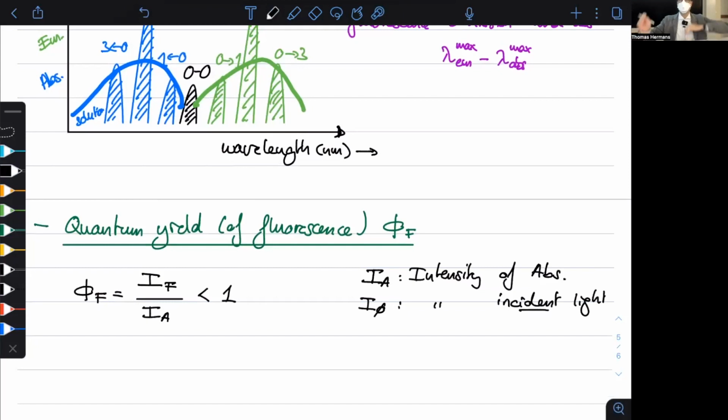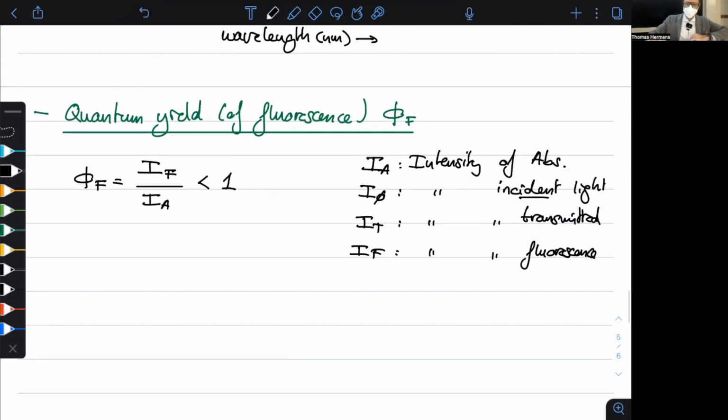Incident means the light that shines on whatever thing, right? So the incident light is the light that comes out of the lamp. We have a fraction that is transmitted, intensity of transmitted light. And we have intensity of fluorescence. We'll come back to these things in a bit.